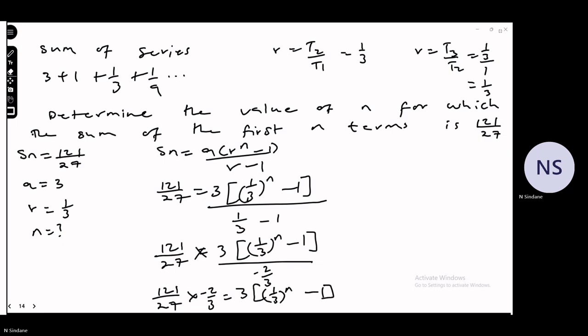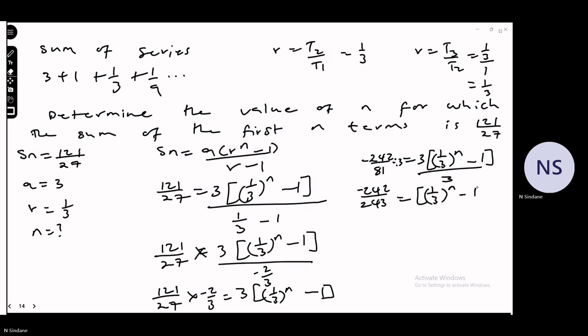If I multiply 1 to 1 over 27 by negative 3 over 2, negative 2 over 3, it gives me negative 242 over 81. This is 3 into 1 over 3 to the power n minus 1. Then divide by 3, divide by 3. This gives me negative 242 over 243, equals 1 over 3 in bracket to the power n minus 1.